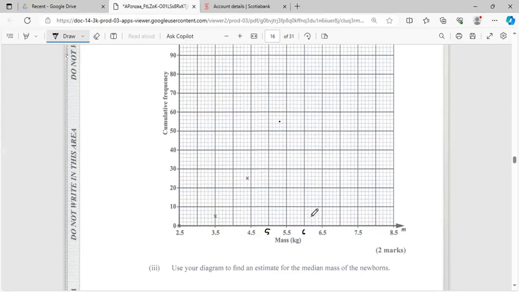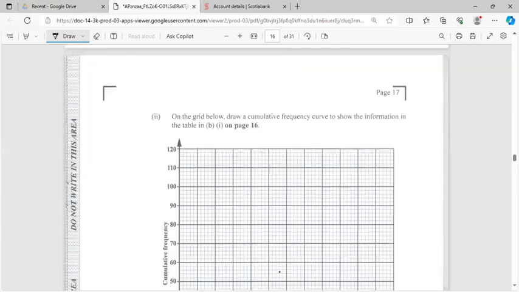And here, 6.2. And 84. So 6.2. So you want to make the thing as accurate as possible. And then the next one now, a 112.